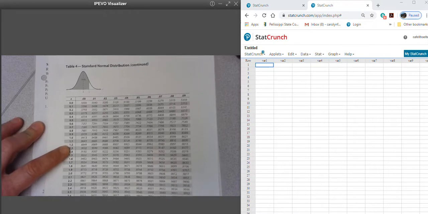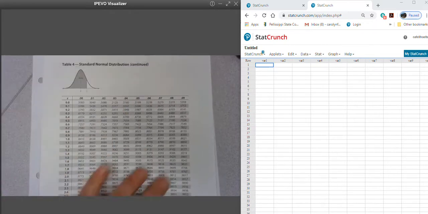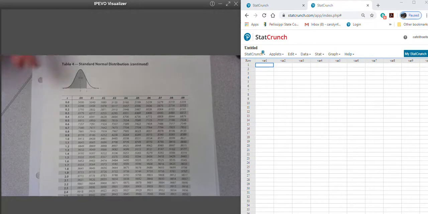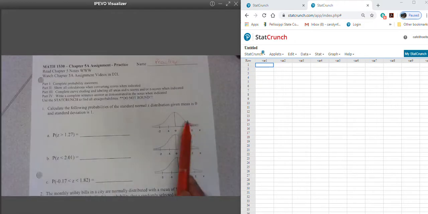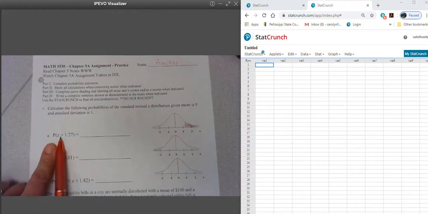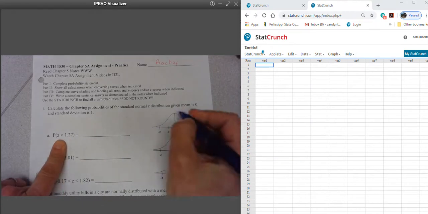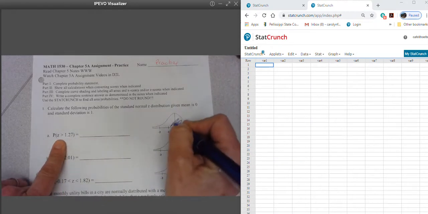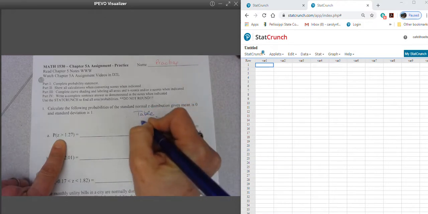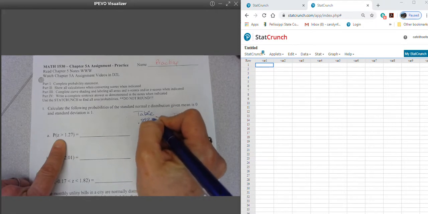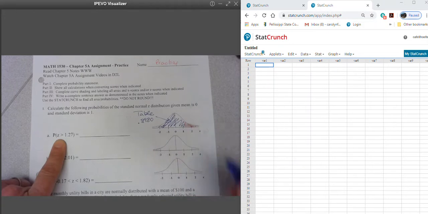So what you need to remember is that when you're using the tables, the numbers here in the center are all the areas, and they're always to the left. So in the problem we're working, we need the one to the right because this is greater than. So we can still look up the 1.27 in the table, but it's going to give us this area over here to the left. The table gave us 0.8980, the area here to the left.